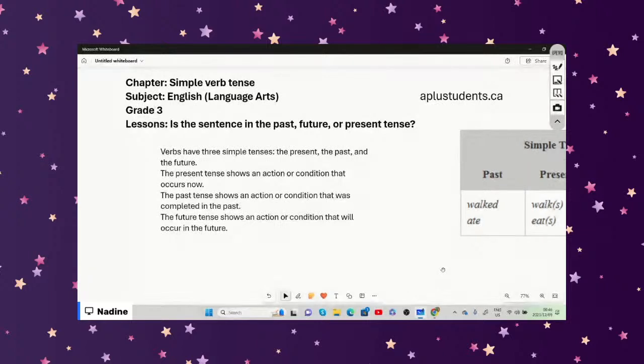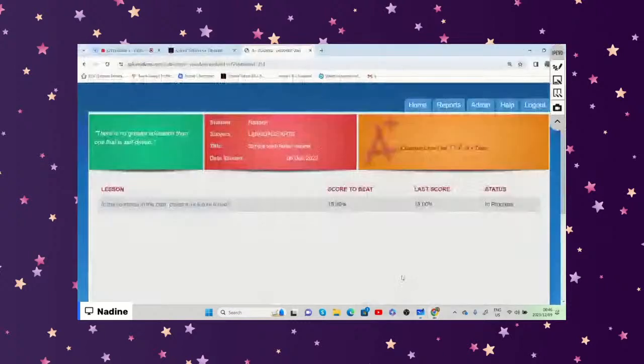The past tense shows the action that is completed in the past, and it usually ends in d or ed. And the future tense shows an action that will occur in the future, and with the future tense, we usually use the word will to show the tense. So this is the end of our lesson on simple verb tenses.